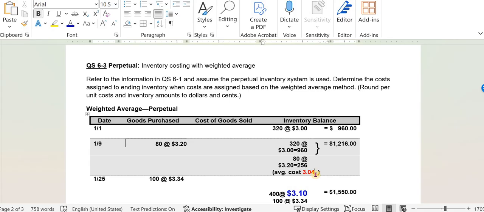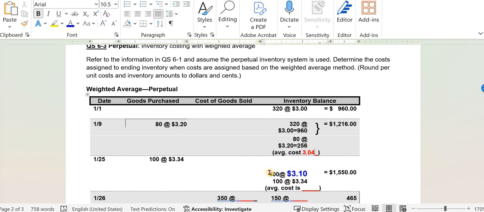Okay, so I got 400 units with an average of $3.04. I've got a misprint here. It says I had an average of $3.10. Wrong. It's $3.04. So I had 400 units at $3.04. What do I do on January 25th? I buy more stuff. 100 units at $3.34. I have to figure out a new average. So 400 times $3.04 is $1,216.